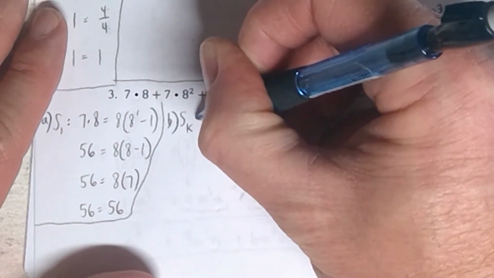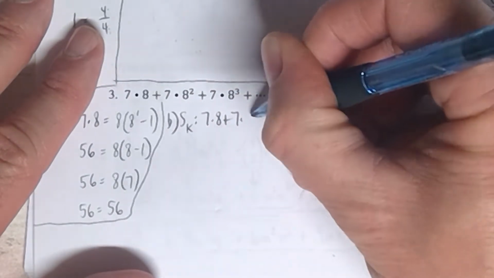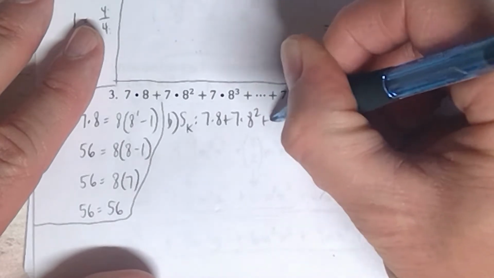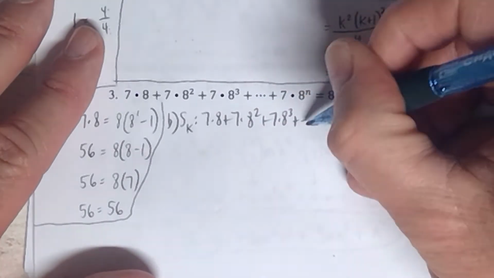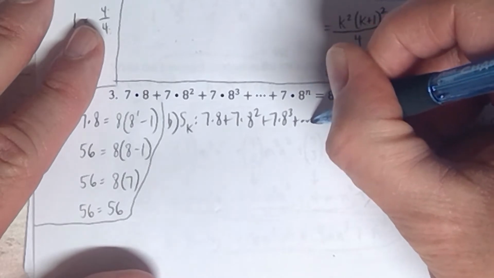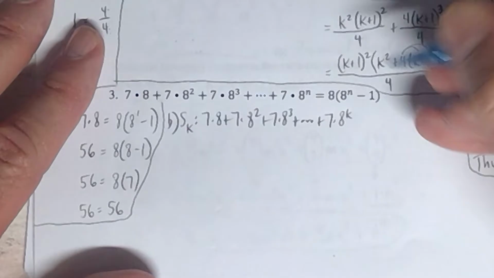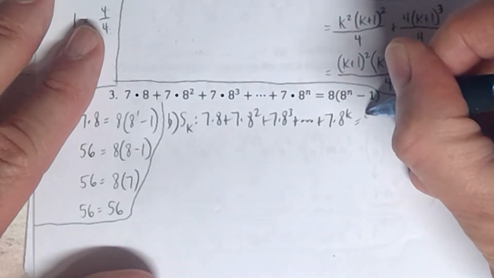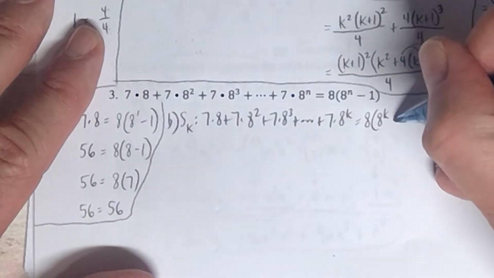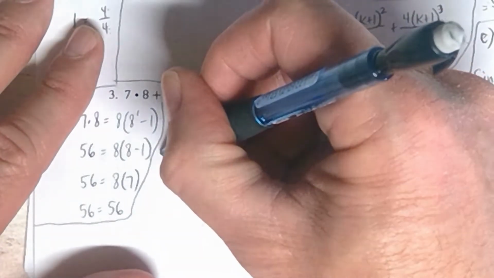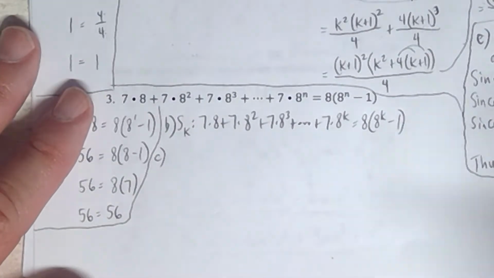So let's write that down. 7 times 8 plus 7 times 8 squared plus 7 times 8 to the third, dot, dot, dot, all the way up to 7 times 8 to the K is equal to, and then on the other side of the equal sign, same thing. You just plug in the K wherever you see the N, and that is SK, the part B statement.